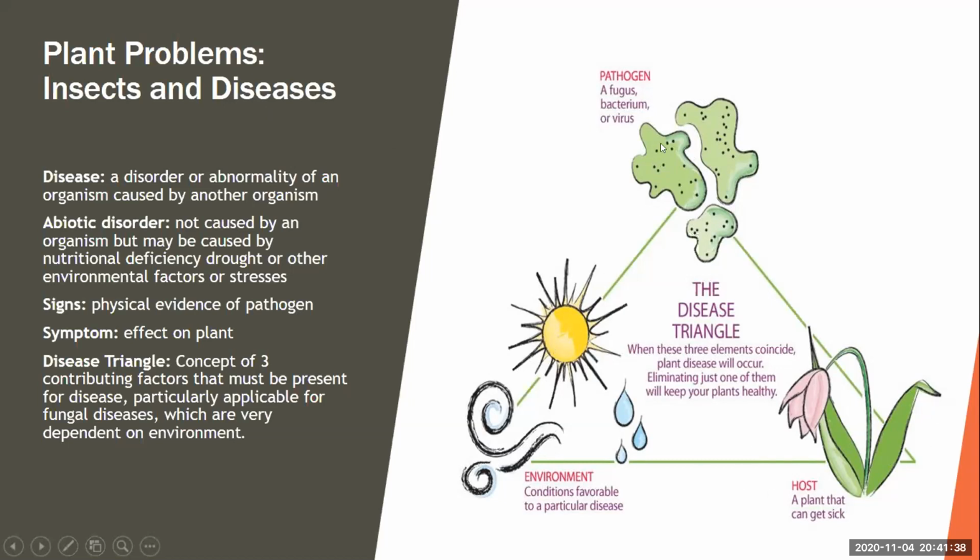So this triangle is very important because it's going to tell you that the disease or the insect is going to happen. But in order to happen, these three things have to be at the same time in the same place. Okay. So this is the disease triangle or the insect triangle.